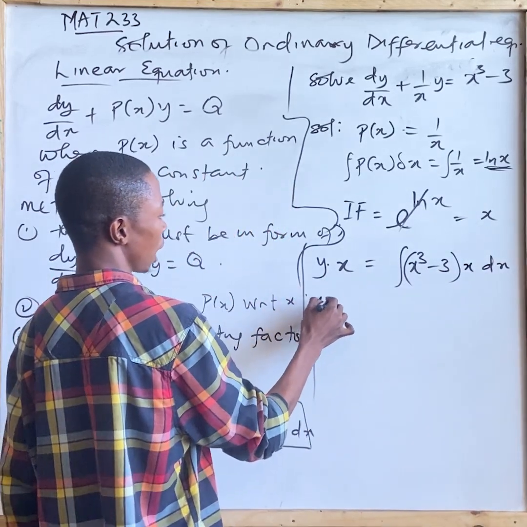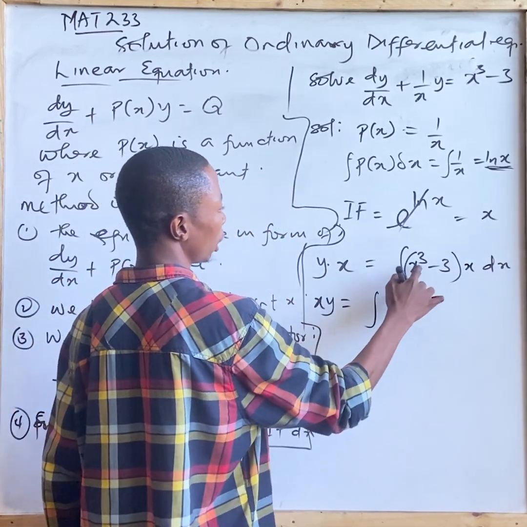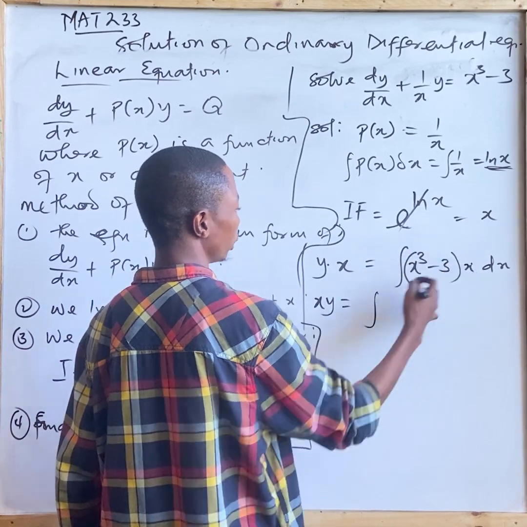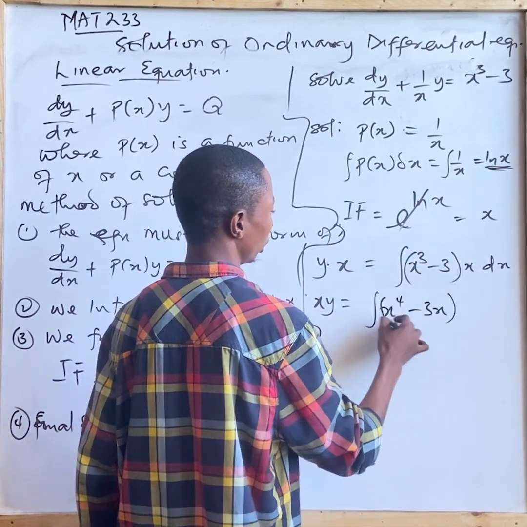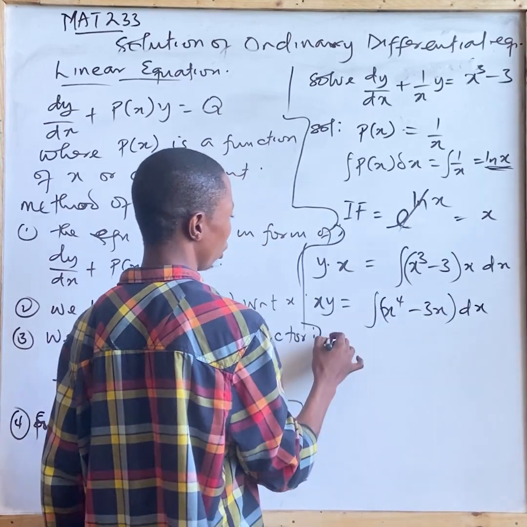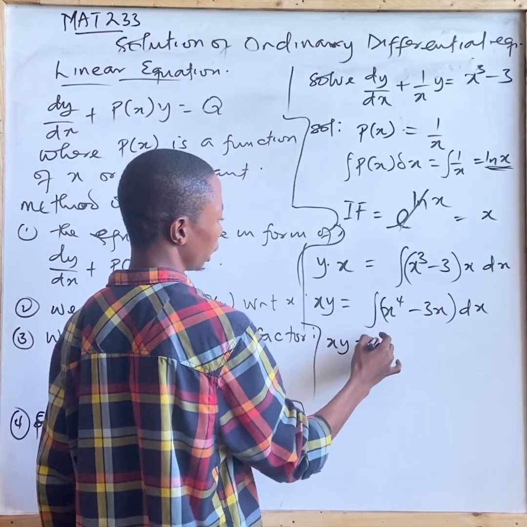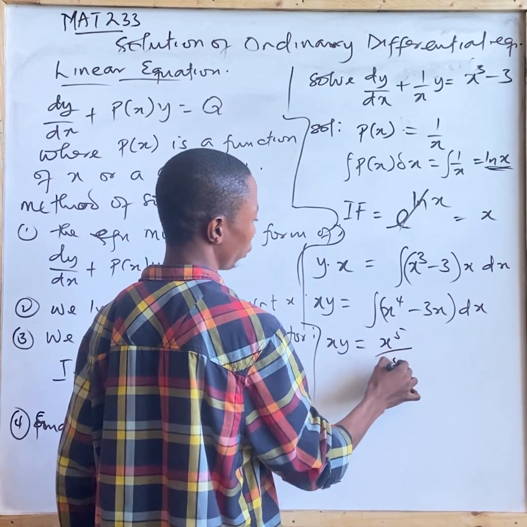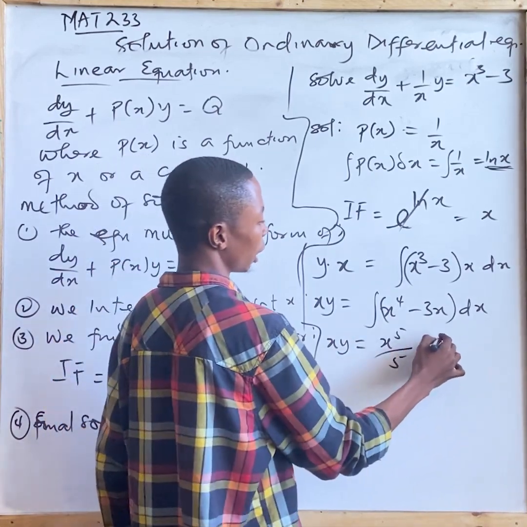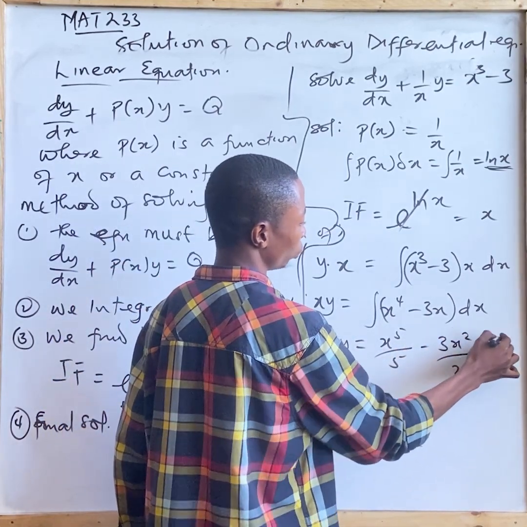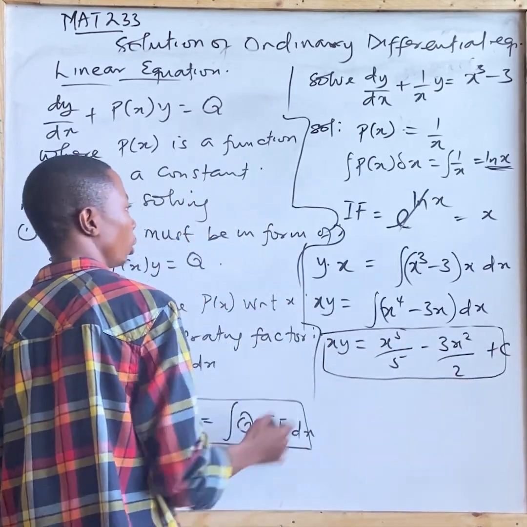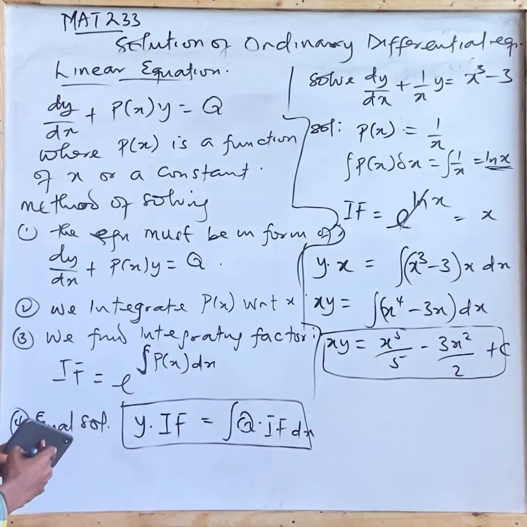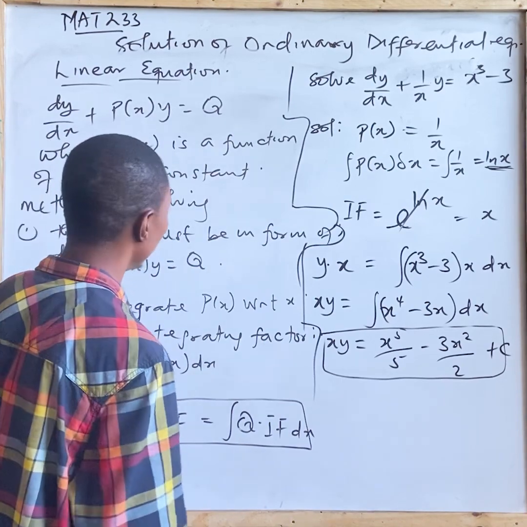So y times x, that's xy, equals the integral of x cubed times x, x raised to power 4, minus 3 times x, 3x, dx. So xy, if I integrate x raised to power 4, that's x to the 5 over 5, minus integrating 3x, that's 3x squared over 2, plus c. So as simple as that. That is how we solve a linear equation.